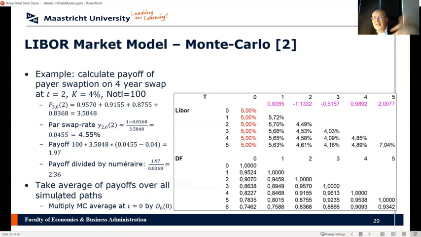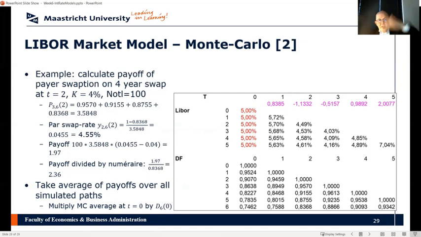So then I repeat this calculation with 10,000 or 100,000 random numbers, or paths. And then I take the average of the payoffs over all these simulated paths. And then again, a mistake that many students make is that they are so happy that they are done with the calculation, they just report the average of those paths. But the average over the paths that we have computed here is the value divided by the numeraire.